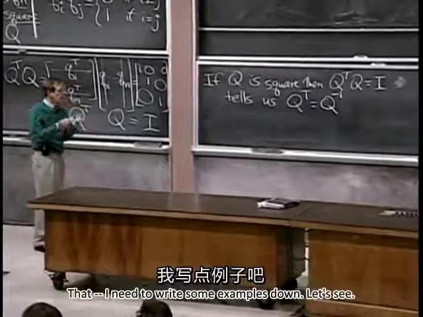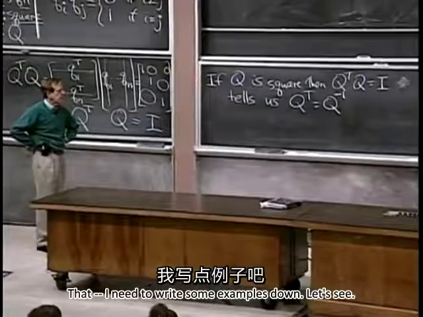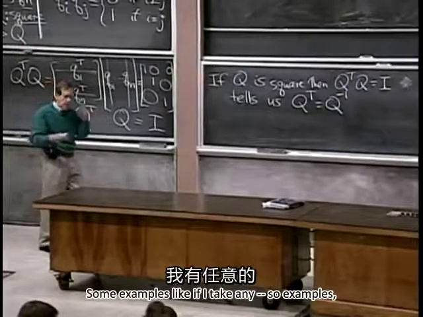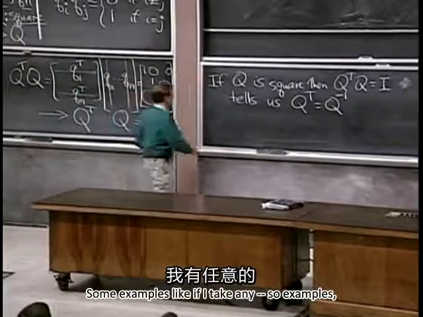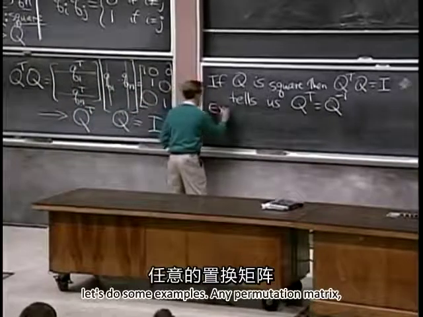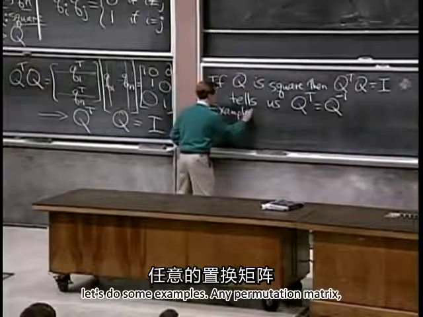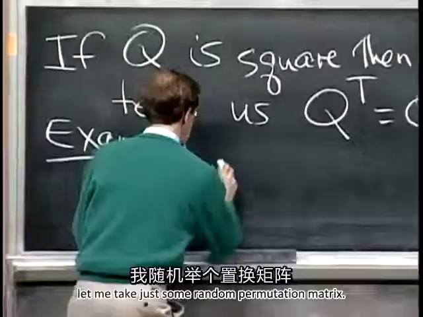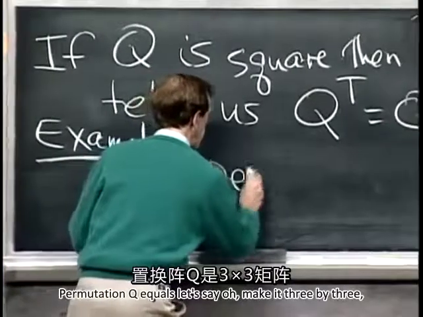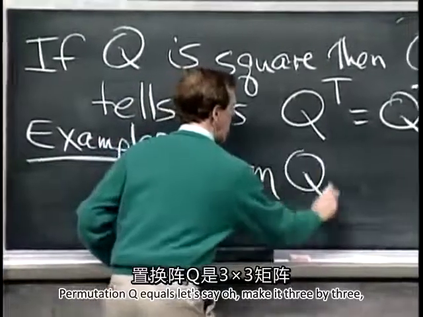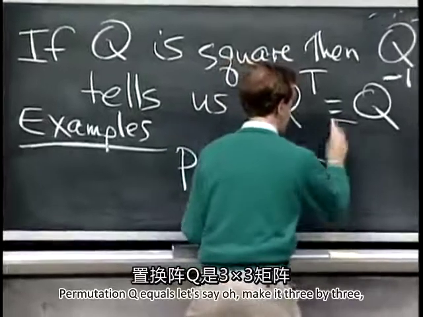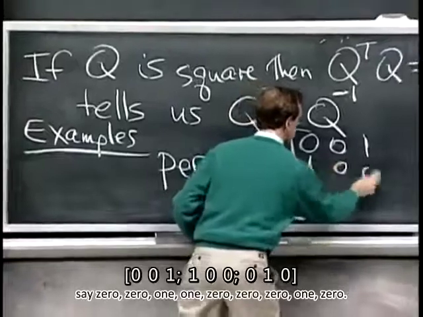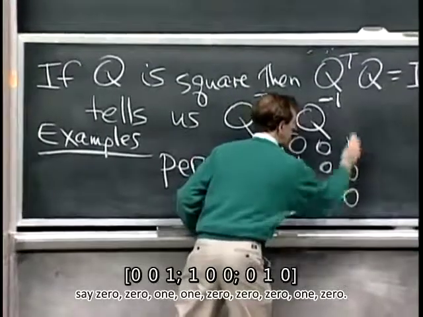I need to write some examples down. Let's do some examples. Any permutation matrix. Let me take just some random permutation matrix, 3 by 3, say Q equals 0, 0, 1, 1, 0, 0, 0, 1, 0.